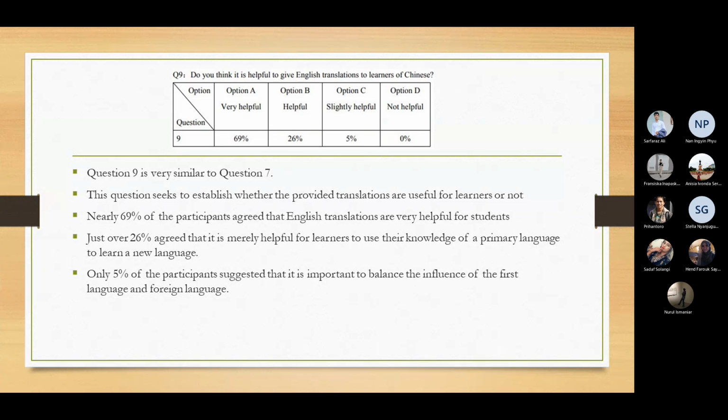Only 5 participants suggested that it is important to balance the influence of the first language and the foreign language. Most of the time the target language leaves an impact on the first language. So in this regard, just 5% chose option D.